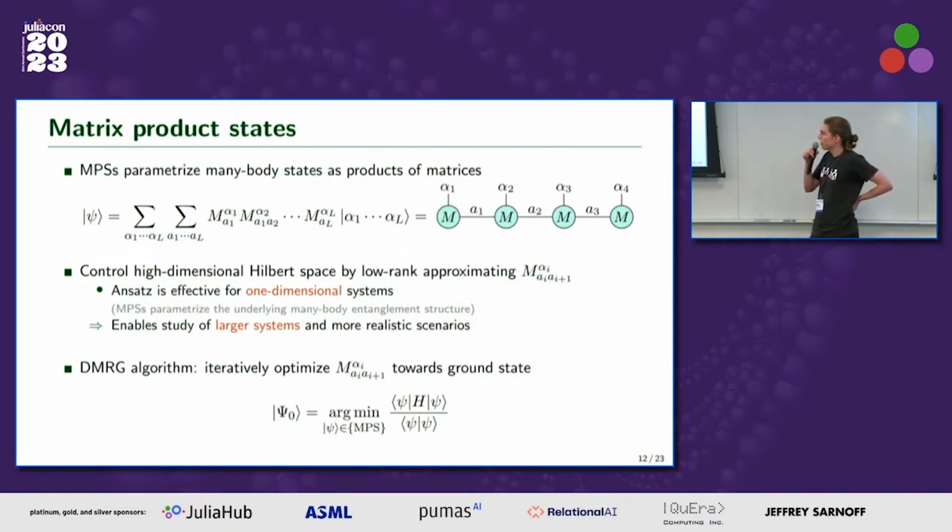The last thing we need to know is what DMRG is, and in our context that's just a way to obtain a ground state in MPS format. Just to give you a small detail, it iteratively optimizes these matrices towards the ground state, so as to minimize the ground state energy over the MPS manifold. Anyway, just a quick recap on MPS.